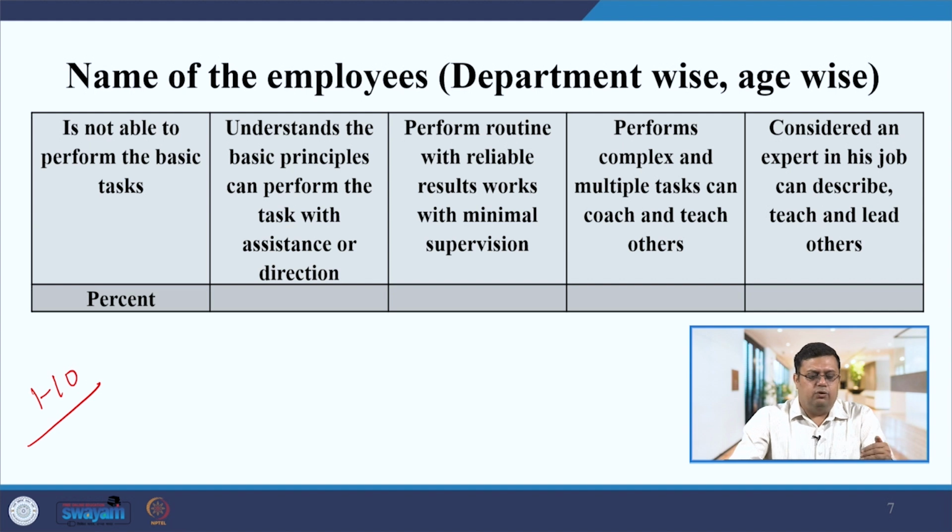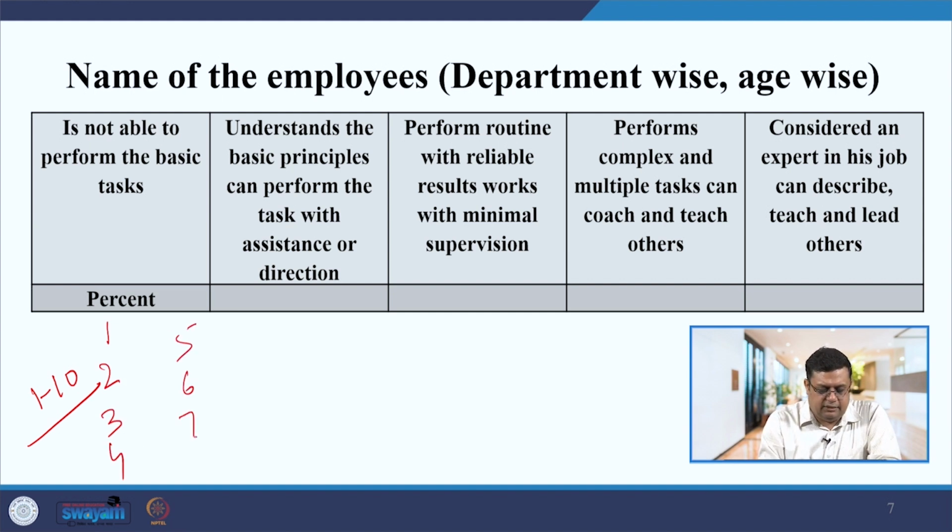For that you can analyze all the employees in that particular department based on these parameters. If you have 10 employees, make a list 1, 2, 3, 4, 5, 6, 7, 8, 9 and 10. Keeping one employee in mind, ask the question: is he able to perform the basic task or not?